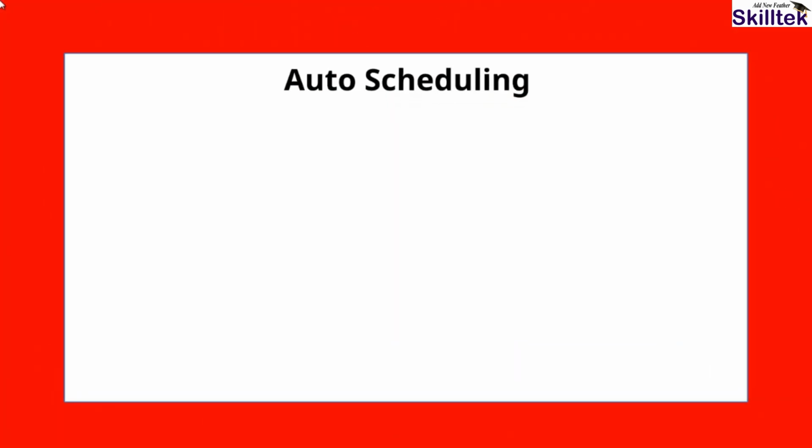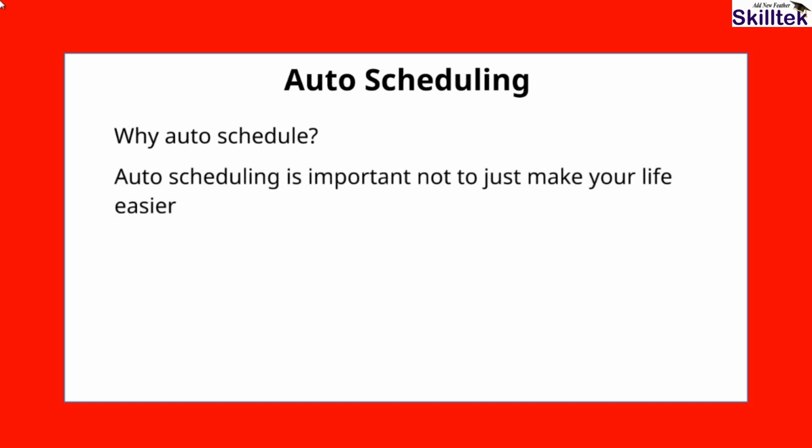We're going to talk about auto scheduling your content. Now, here's why you want to auto schedule your content. As you begin to create more and more content, a lot of times you can create just using this method of simplified images with motivational quotes or words.